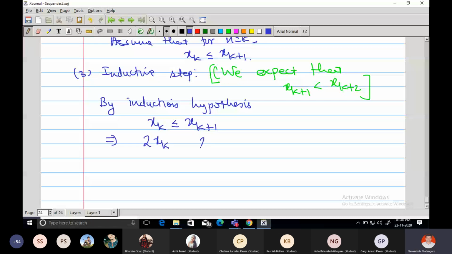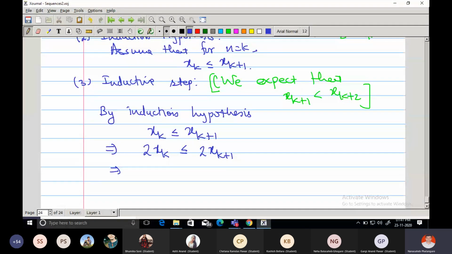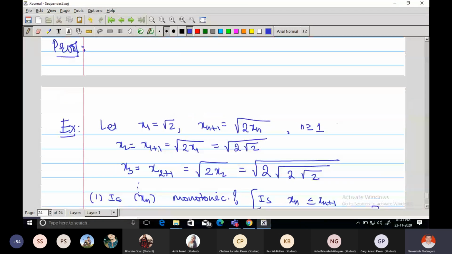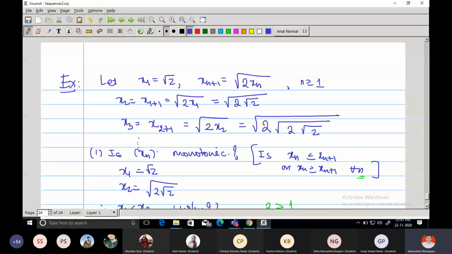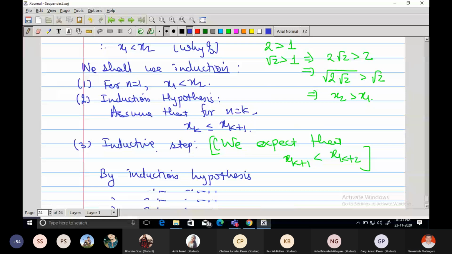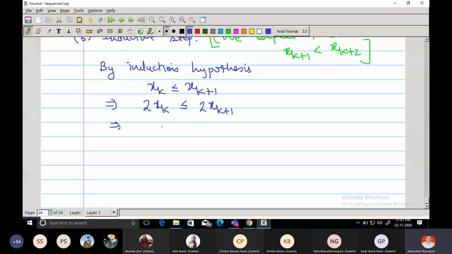Can I say that less or equal again? Yes, sir. And one more thing, both are positive quantities, because we have defined xn plus 1 as the square root of 2xn, which is a positive square root. So xk is positive, xk plus 1 is positive, 2 times is positive, so I can take the square root of 2xk, and again the square root of 2xk plus 1.